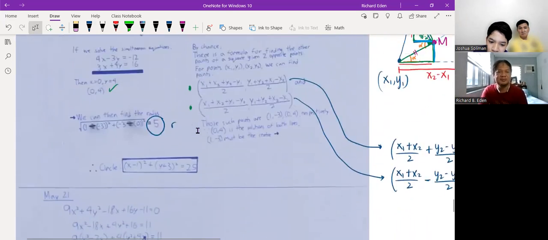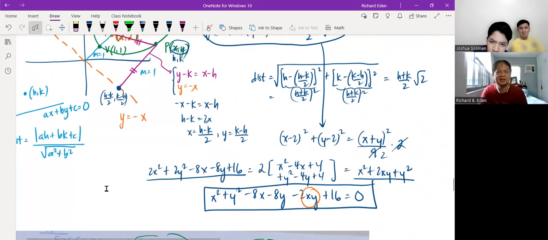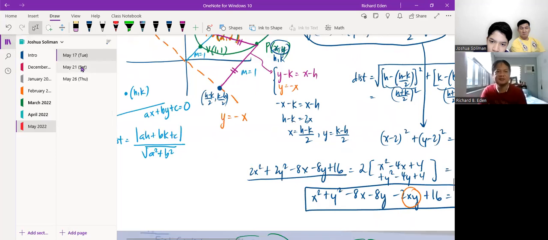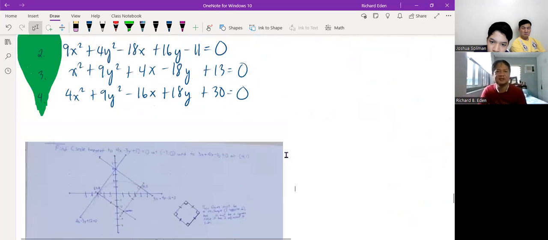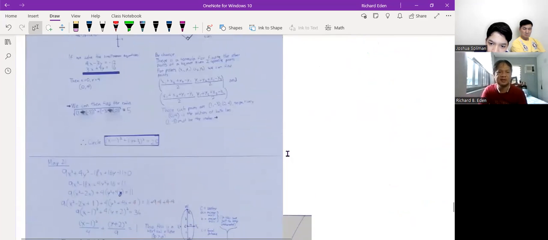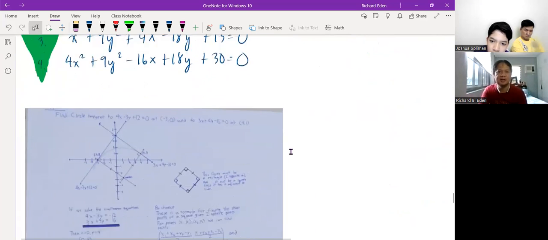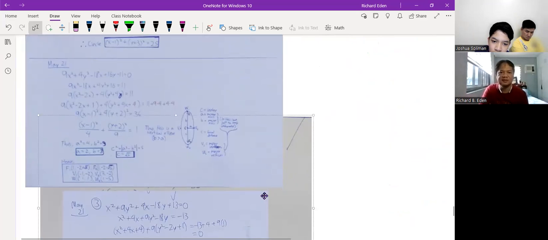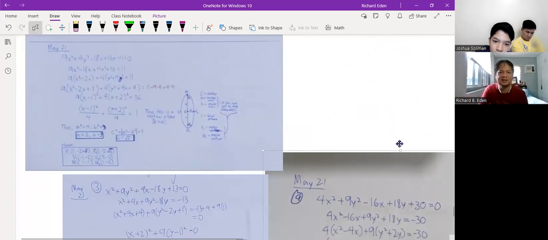Okay, so for May 21, let's go back to May 21. This one is quick. Okay, 9x squared plus 4y squared minus 18x plus 16y minus 11. So it should be fast.